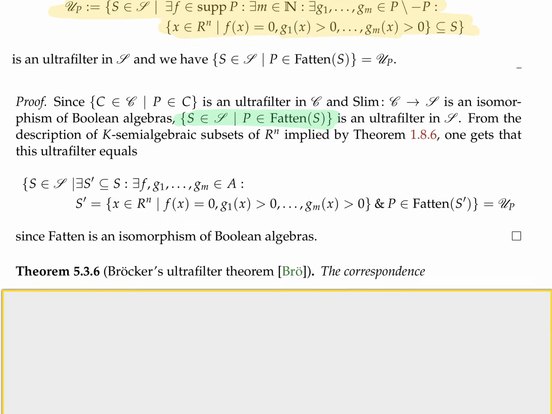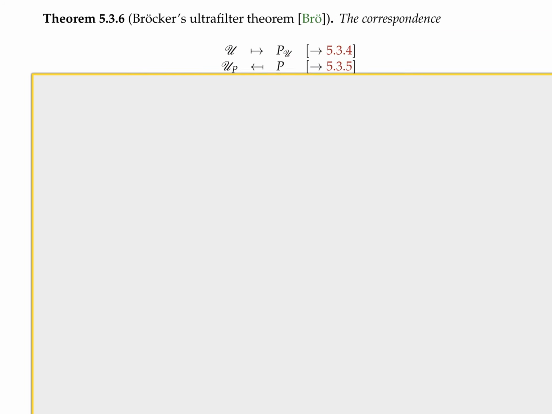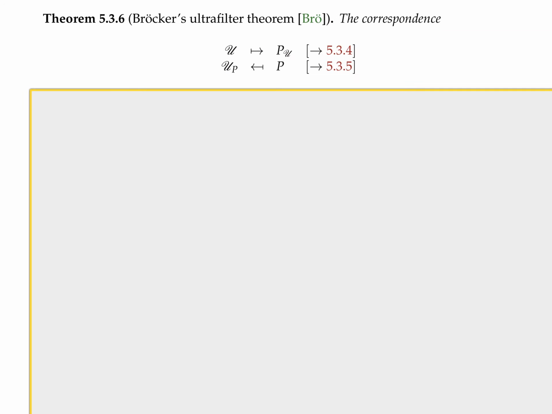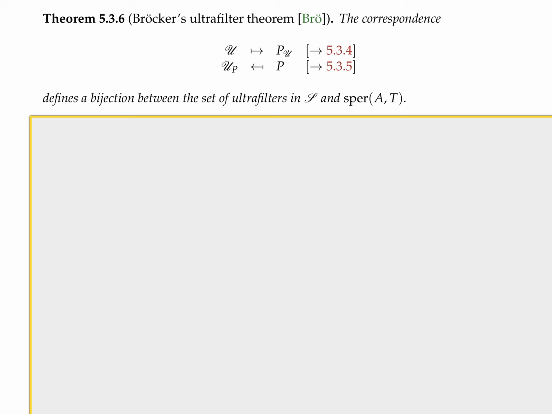So now we come to Brocker's ultrafilter theorem. The correspondence, on the one hand, an ultrafilter in S, in the Boolean algebra of k-semialgebraic subsets of R^n, is mapped to the corresponding point P_U in the real spectrum of A_T, right?